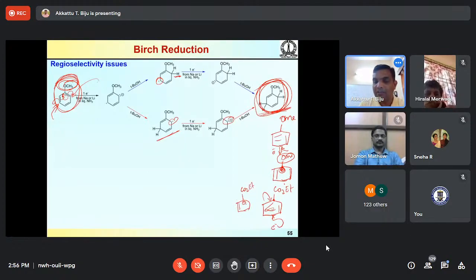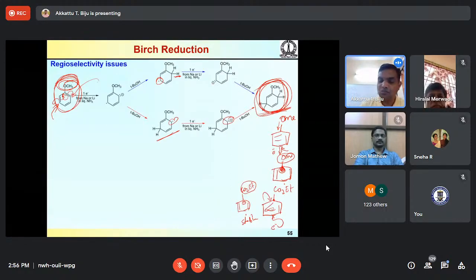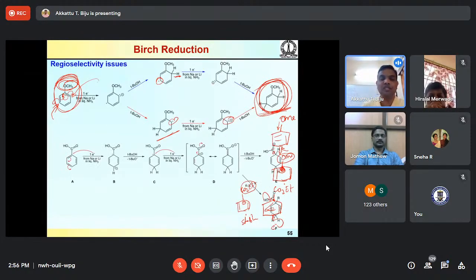And this one is very stable because the electron withdrawing nature of this group will stabilize this negative charge, whereas the electron releasing group will normally destabilize it. So if we have a benzoic acid or a derivative of benzoic acid, the Birch reduction usually results in the formation of a compound such as this.